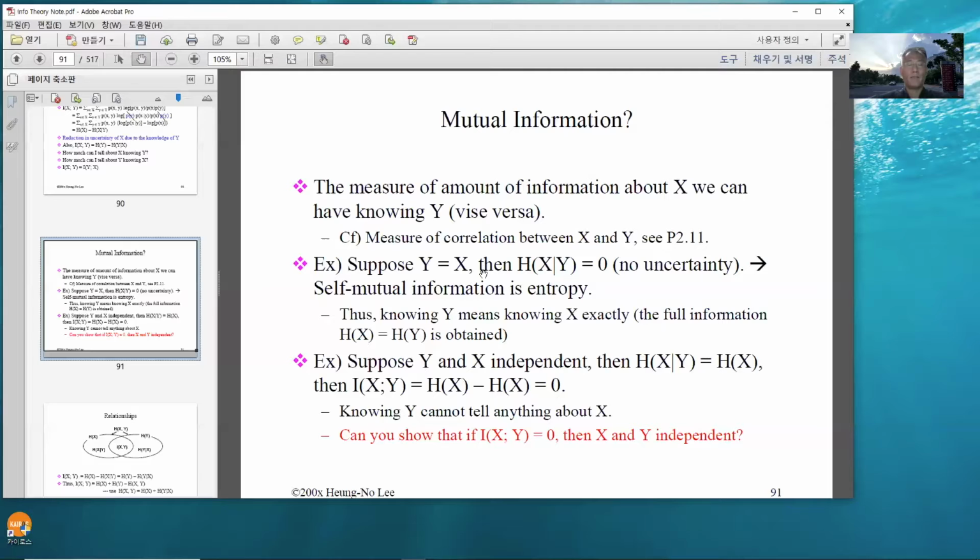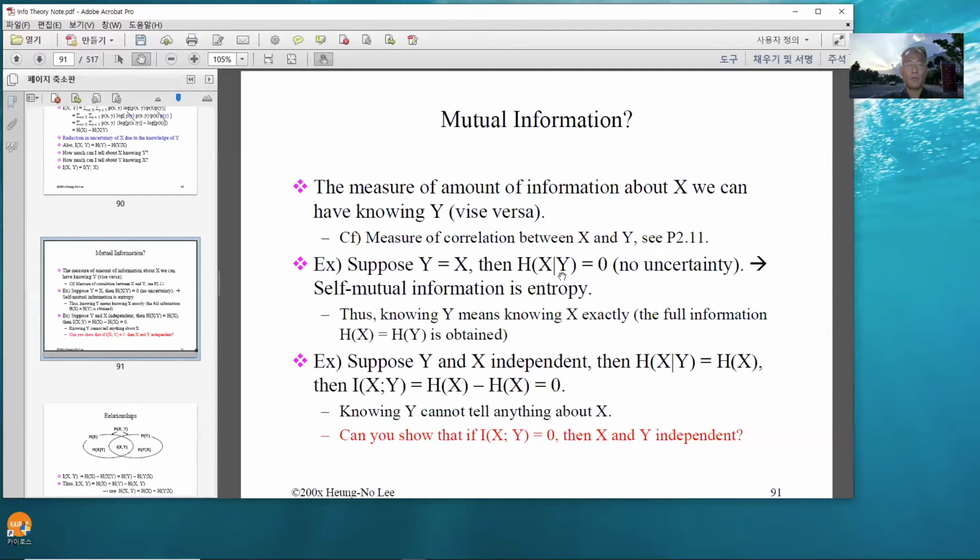Then if Y is equal to X, the conditional entropy of X given Y is equal to 0, because there is no uncertainty left on X given Y because they are the same.